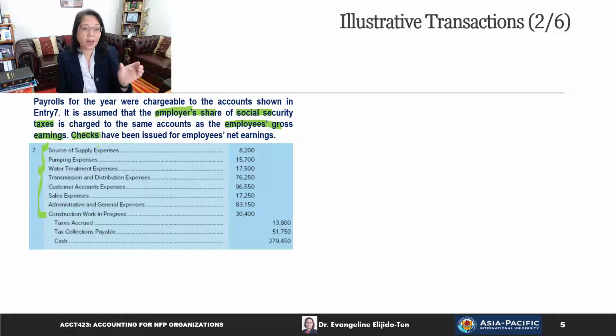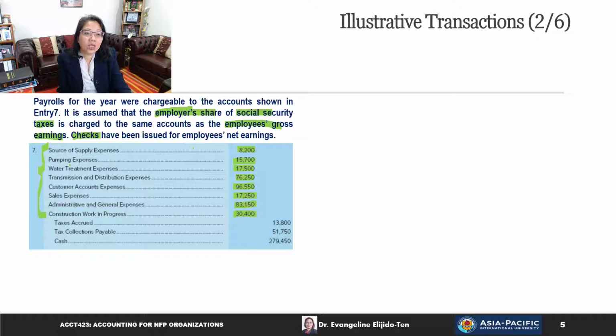So the amount for source of supply expenses, 8,200; pumping expenses, 15,700; water treatment expenses, so these must be the employees that are working with the water treatment, 17,500; transmission and distribution expenses, 76,250; customer accounts expenses, so this would be the employees that work with the customer accounts; sales expenses amounted to 17,250; administrative and general expenses, 83,150; and construction work in progress amounted to 30,400.